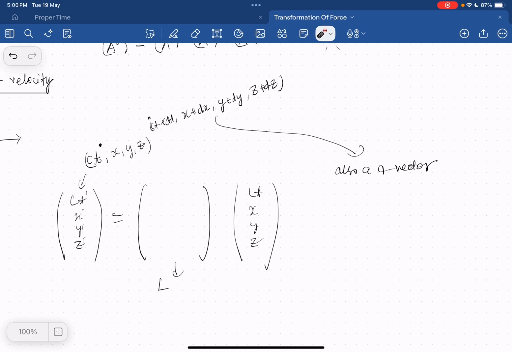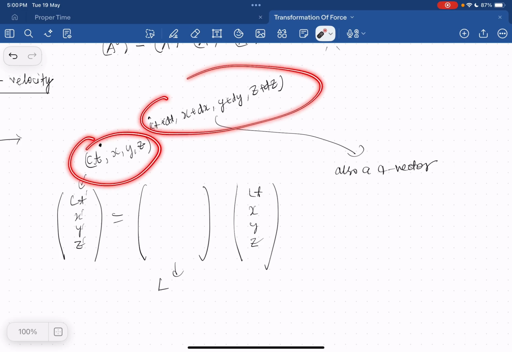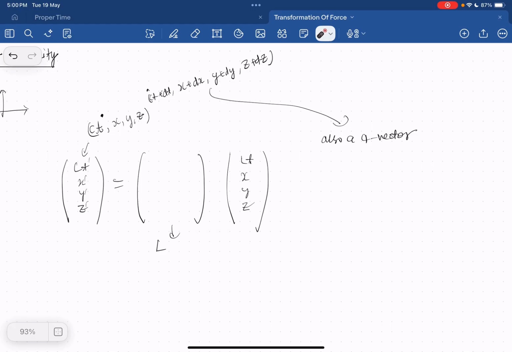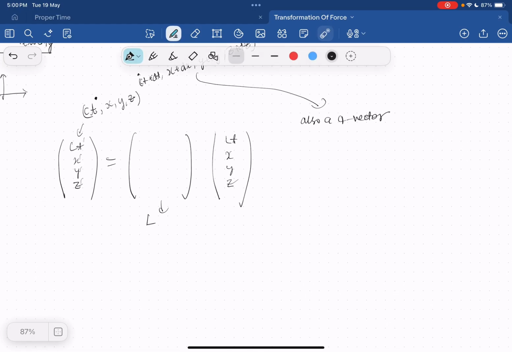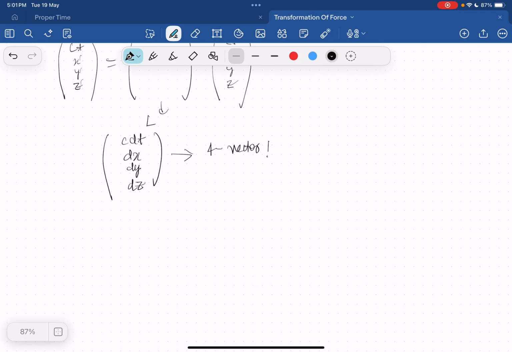So if this is a four vector and this is a four vector, then if we take their difference, which comes out to be c dt, dx, dy, dz, this will also be a four vector. If you add two four vectors, it is a four vector. If we subtract two four vectors, it is a four vector.